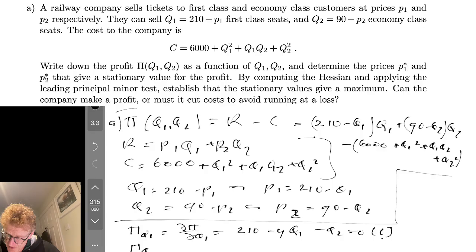And now the partial derivative with respect to Q2 is 90 minus 4Q2 minus Q1 equals 0, that's 2, and you need to solve this.